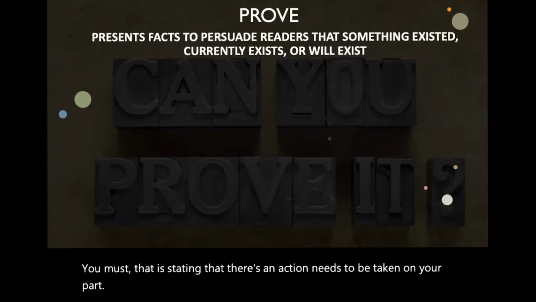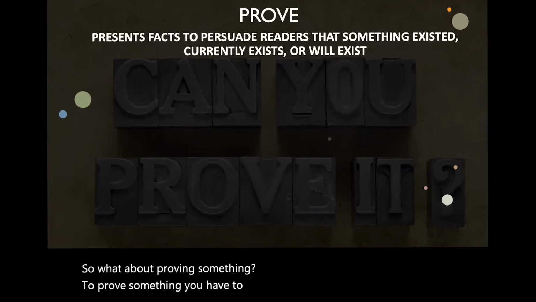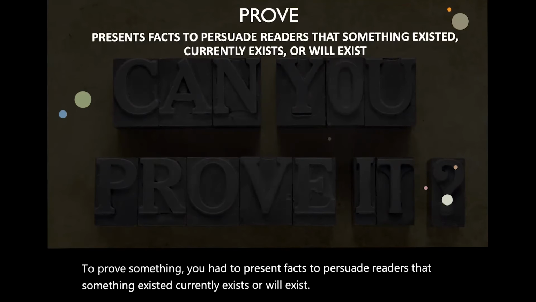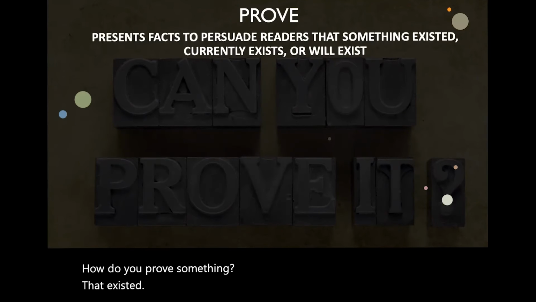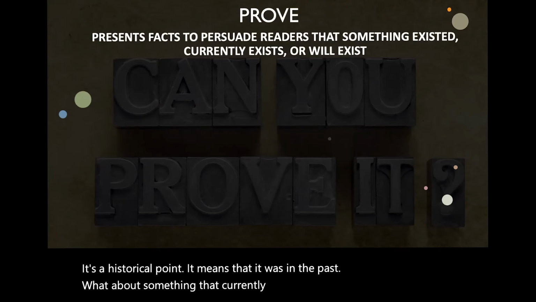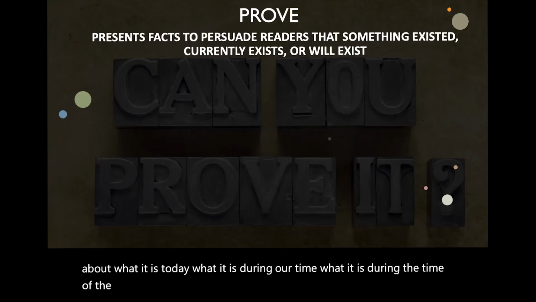So what about proving something? Well, to prove something, you have to present facts to persuade readers that something existed, currently exists, or will exist. How do you prove something that existed? Well, it's a historical point. It means that it was in the past. Well, what about something that currently exists? Well, you're going to speak about what it is today, what it is during our time, what it is during the time of the millennial, what it is based on a comparison of the time before and the time now.